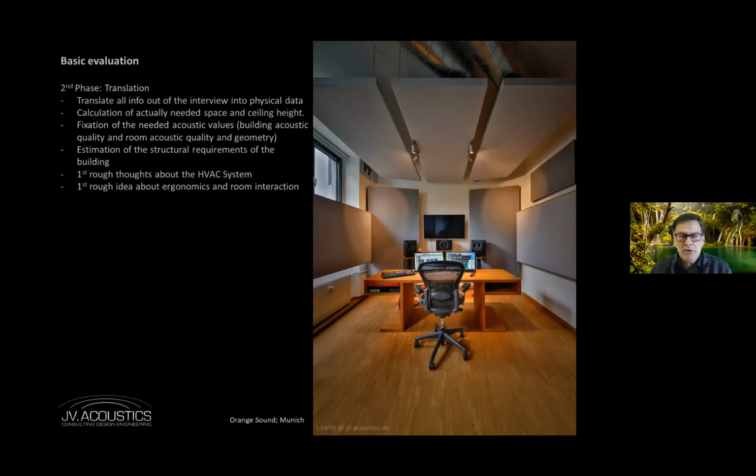And last but not least, think about the ergonomics and the room interactions. For example, there's a recording room and there are 2 or 3 control rooms who want to have contact to that recording room via window or something like that. And how will the path look between the rooms? Does this work properly?